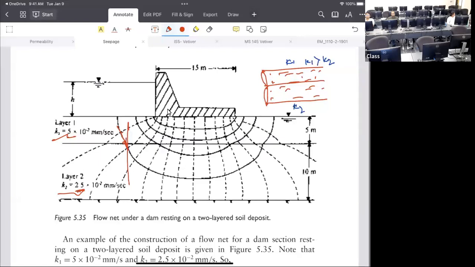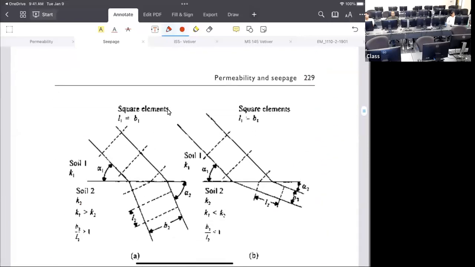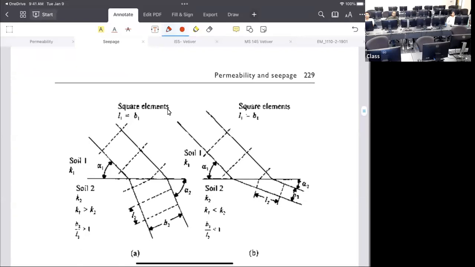It's basically the same as refraction. Two layers, light is coming, and it will just follow the rule of refraction.